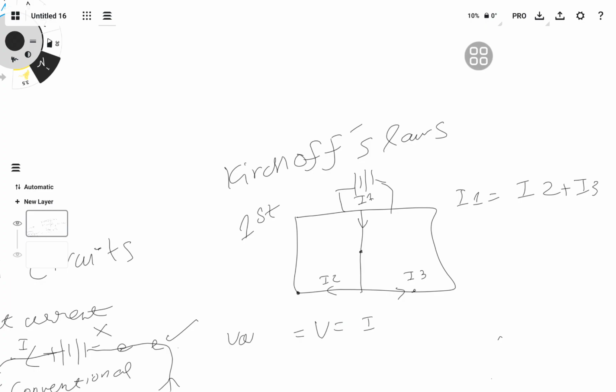total voltage, total potential difference, I1 R1 plus I2 R2 plus I3 R3.